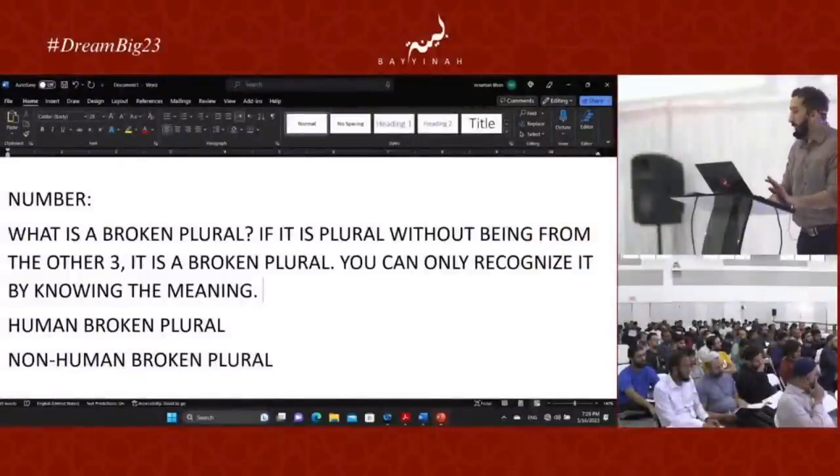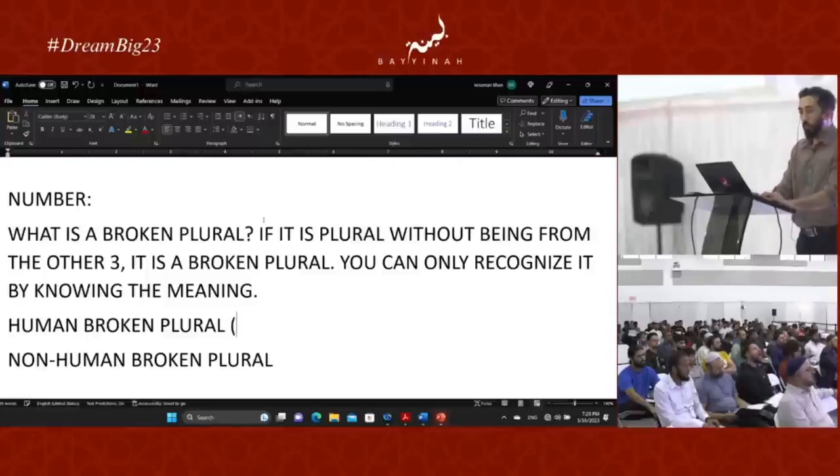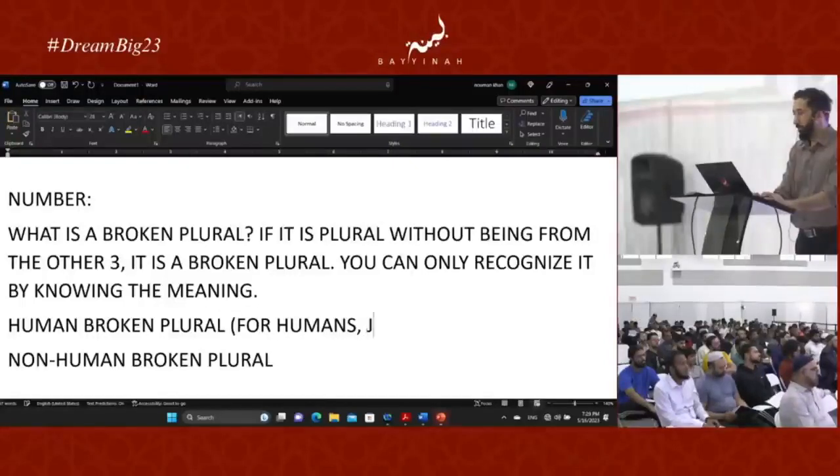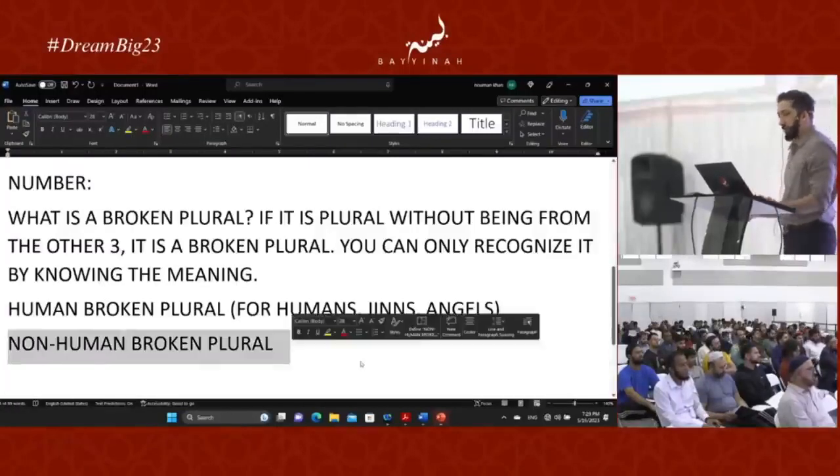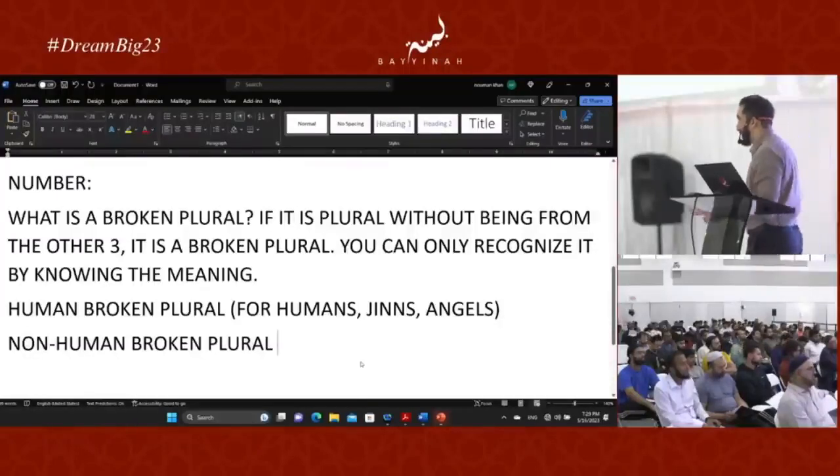So is everybody clear about what a broken plural is? What is it? That at least we know. What's the difference between human and non-human? Well, human is for humans. Humans and who else? Jinns, angels. And a non-human is for non-humans. Anything that's not the first three. That's all.